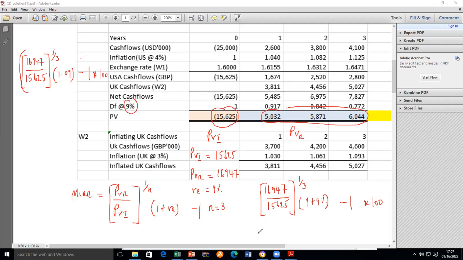Well done. Excellent. Oh, people are so accurate in this course. So this is the modified internal rate of return.